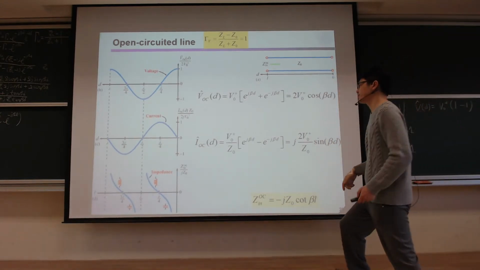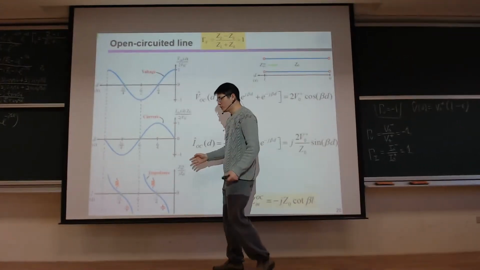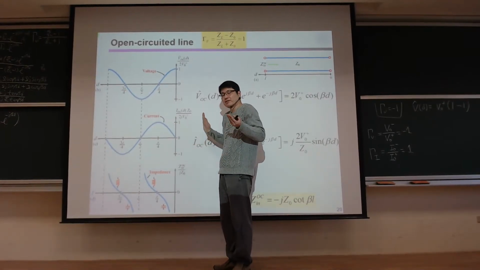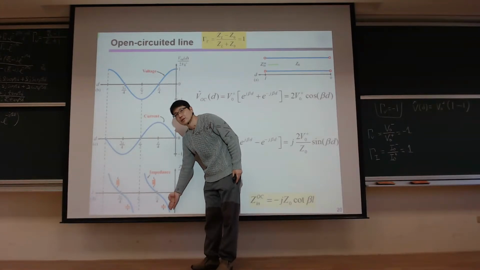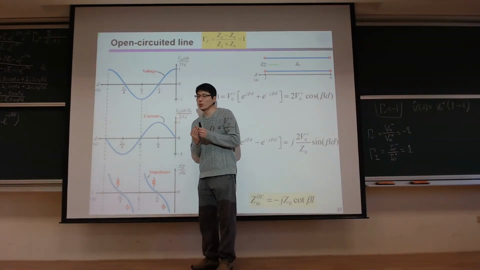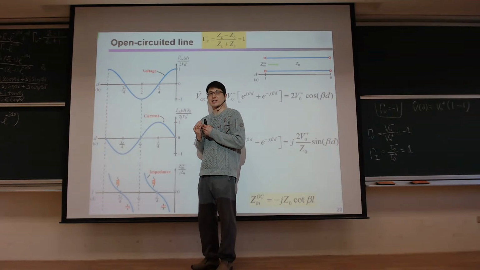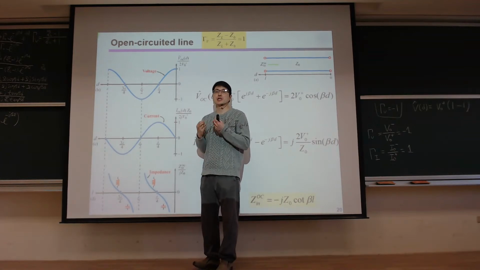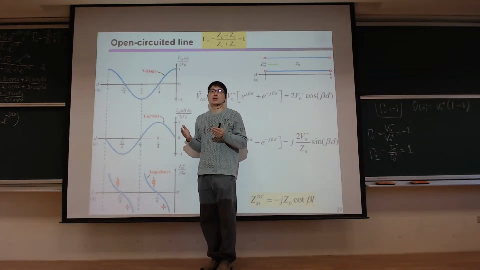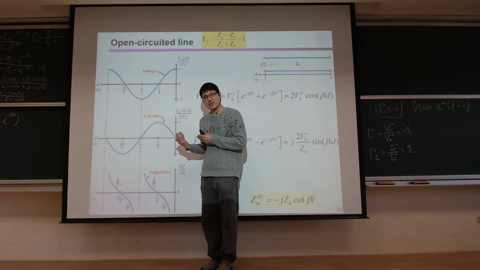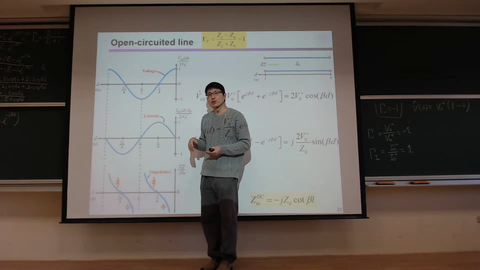So basically, in this case, you have a piece of transmission line and you leave it open. Effectively, your wave impedance as a function of distance is still purely imaginary. So you can also use this case to fabricate inductors or capacitors. But there is a change in sign due to your gamma V reflection coefficient.